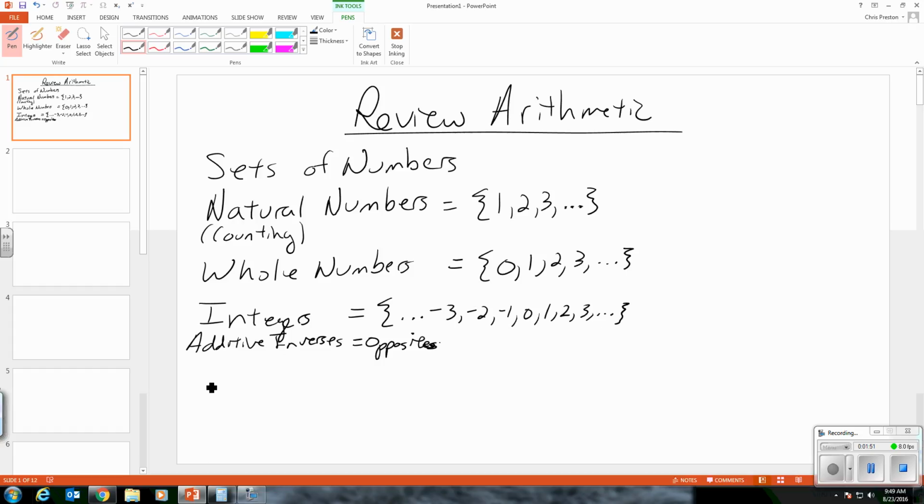Those are integers. And then we have what we call the rational numbers. And a way of kind of defining the rational numbers is something like this.